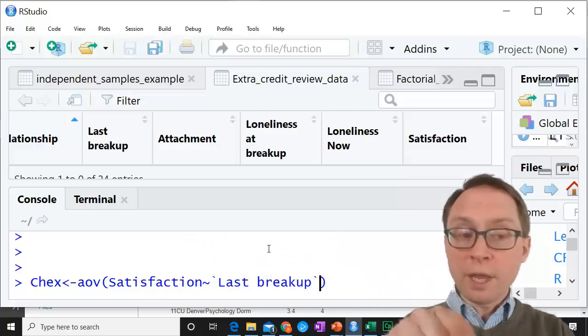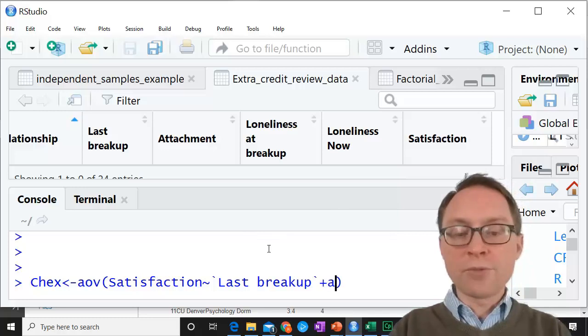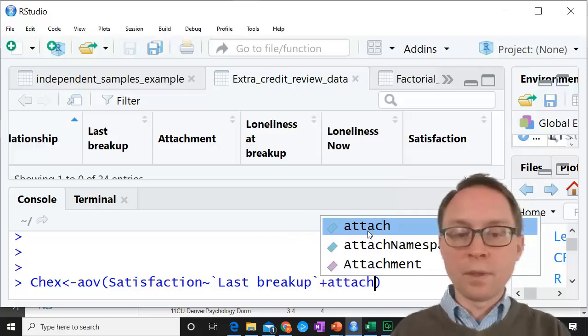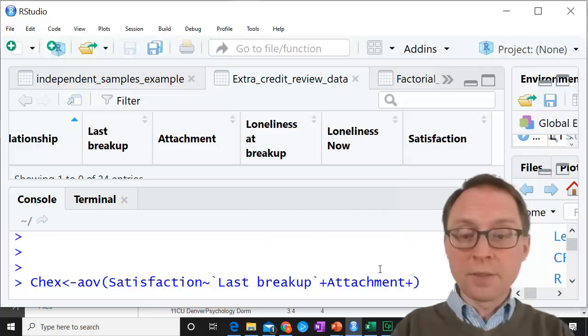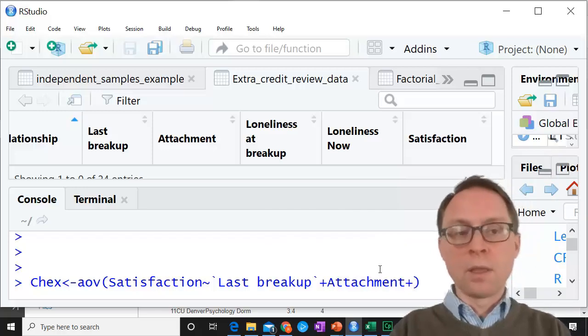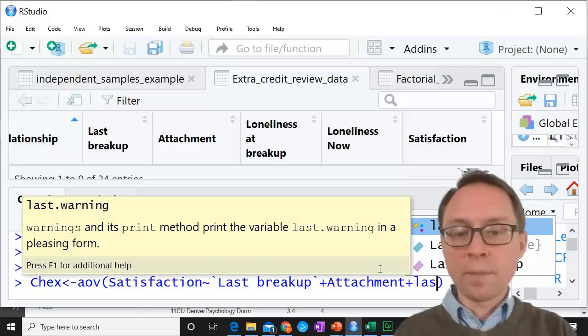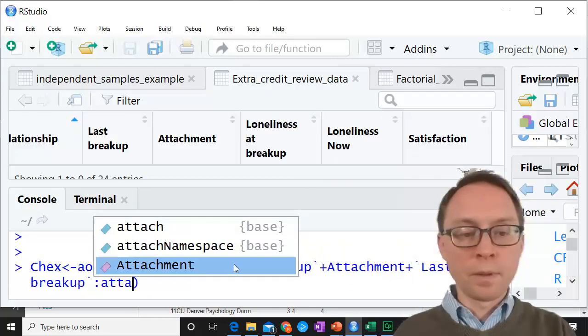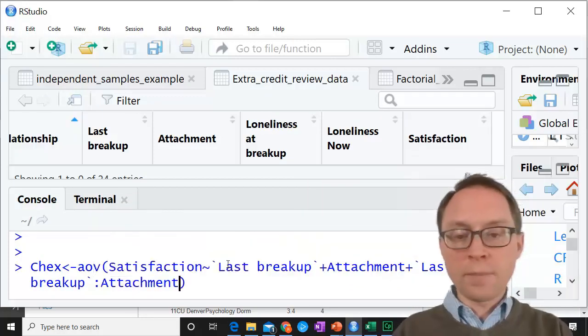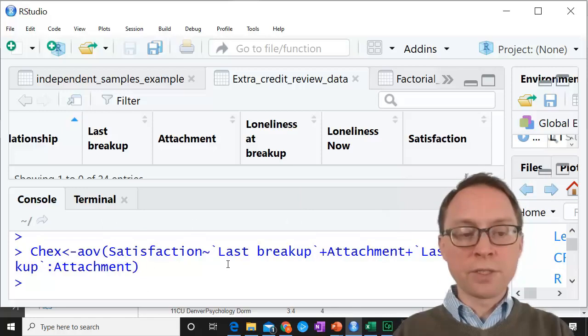Remember, that is the main effect for last breakup, plus the main effect for attachment, plus the interaction, which is last breakup by attachment. Okay? That gives us the analysis of variance just like last time.